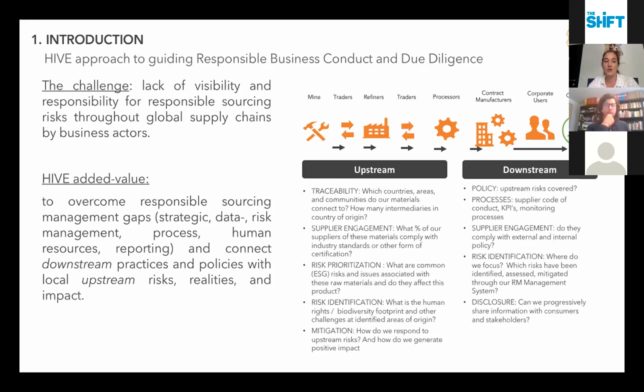But I know that we have already had different sessions prior to this session, and of course the importance of policy and process strategy has already been highlighted.